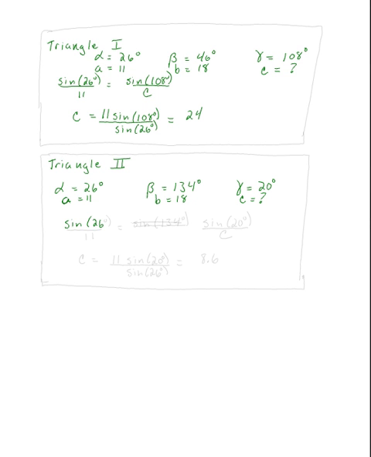So I say the sine of 26 degrees over 11 equals, this time the sine of 134 degrees. Oops, sorry, that's incorrect. I'm using gamma this time. So that should be equal to the sine of 20 degrees over side C. Okay, so solving for side C this time gives me 11 times the sine of 20 divided by the sine of 26.